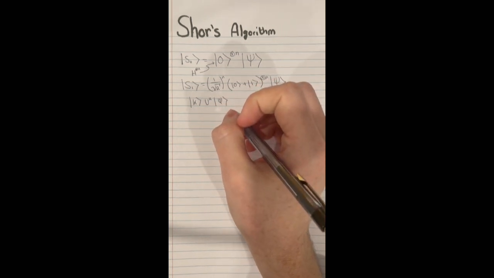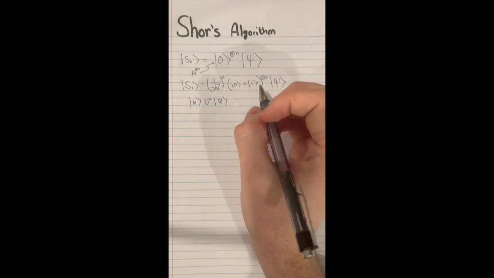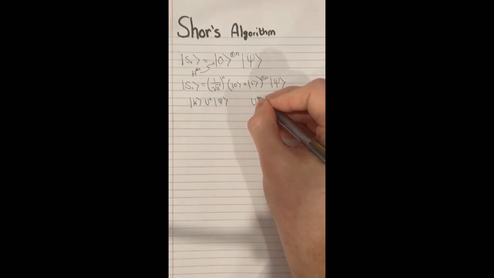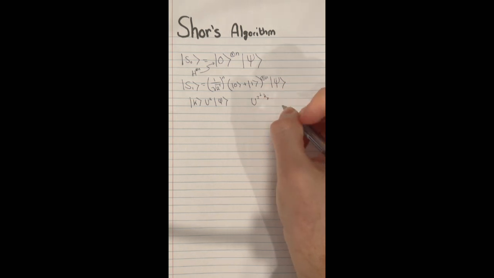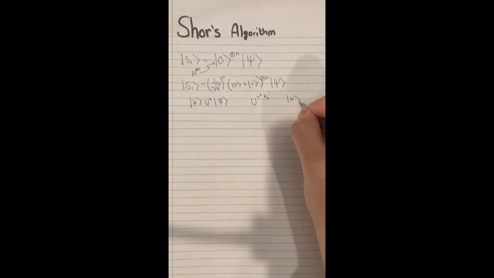Therefore, each qubit will receive a portion U^(2^j k_j) from each of the n qubit k's, where our k here is these plus states, and there's n of them.